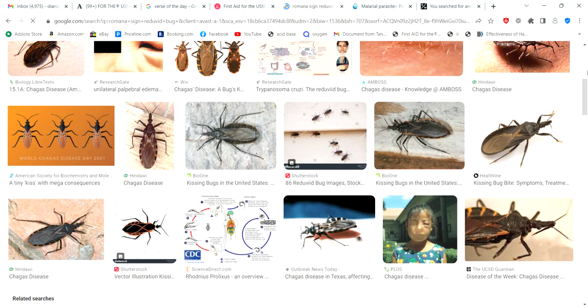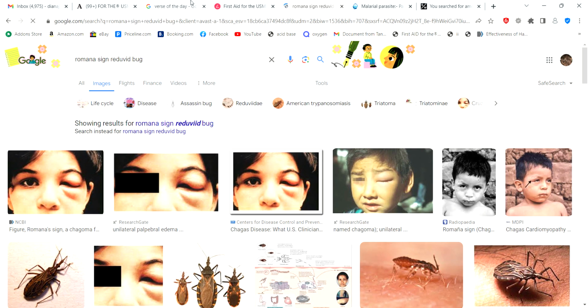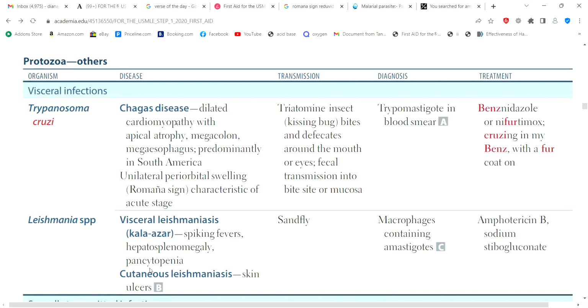Okay, so also known as the kissing bug or triatomine insect or reduviid bug.